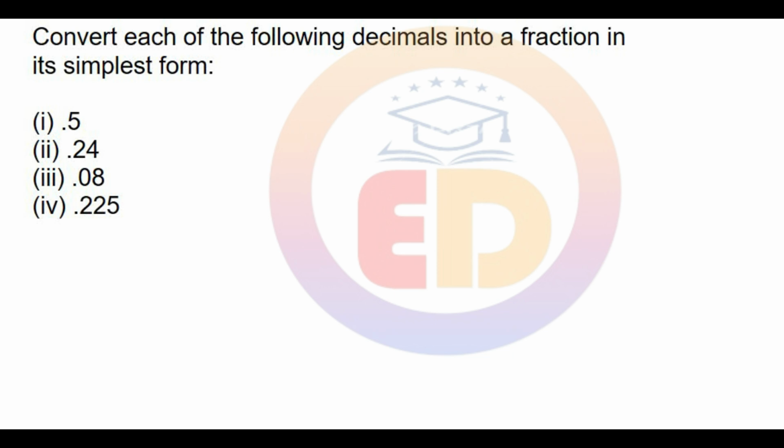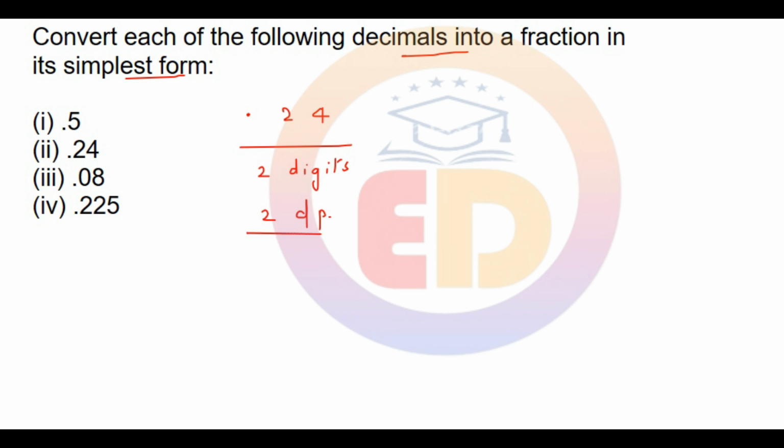Convert each of the following decimals into a fraction in the simplest form. Second example, 0.24. Here, in the decimal part, we have 2 digits after the decimal point. 2 digits in the decimal part means 2 decimal places.